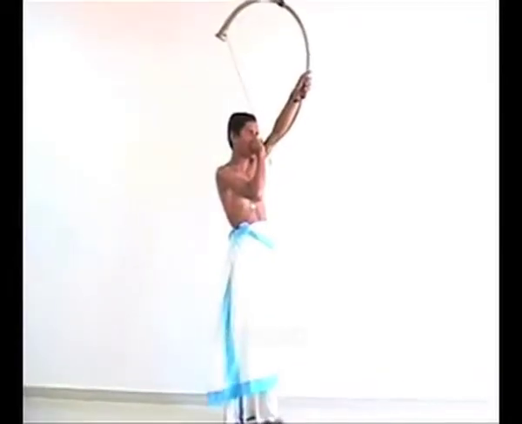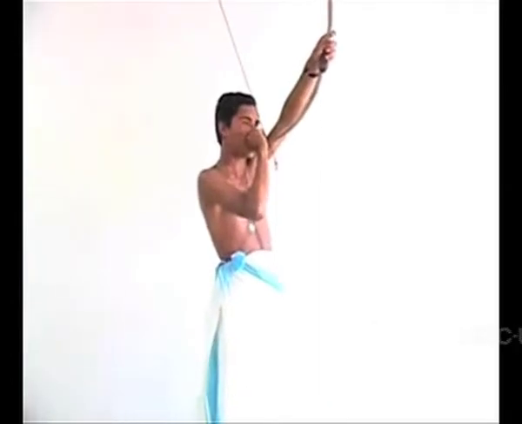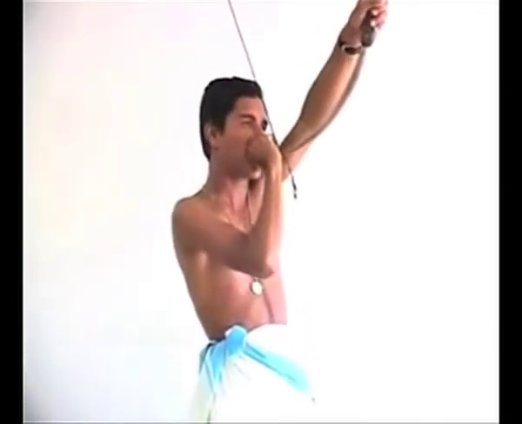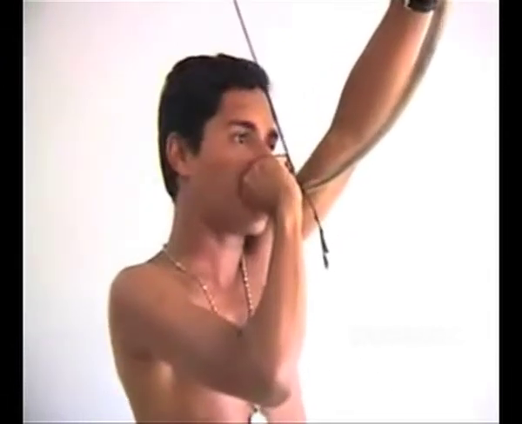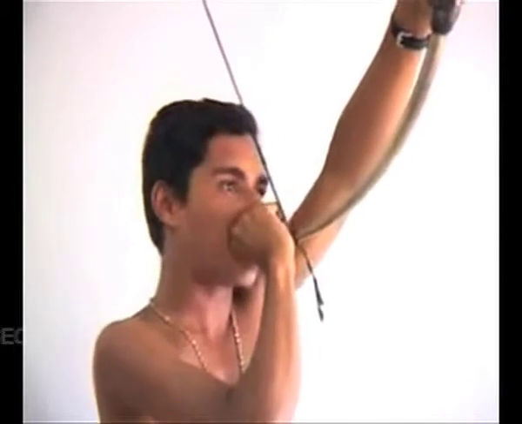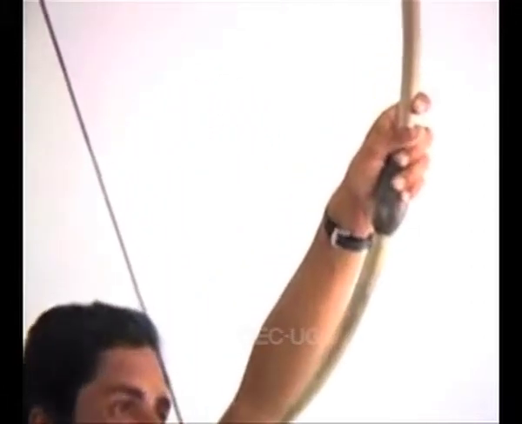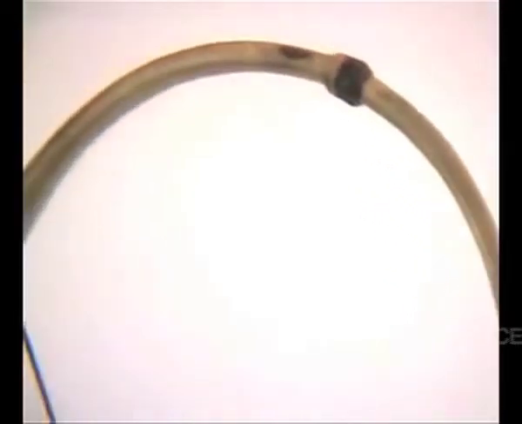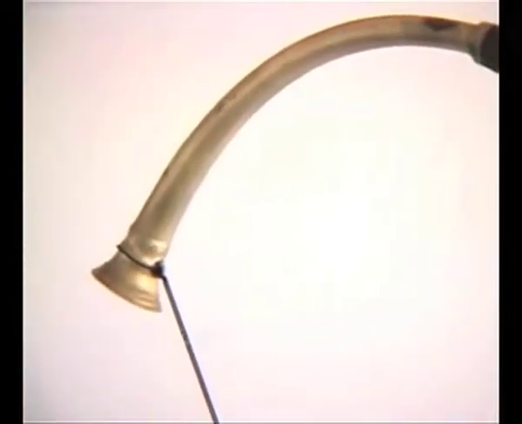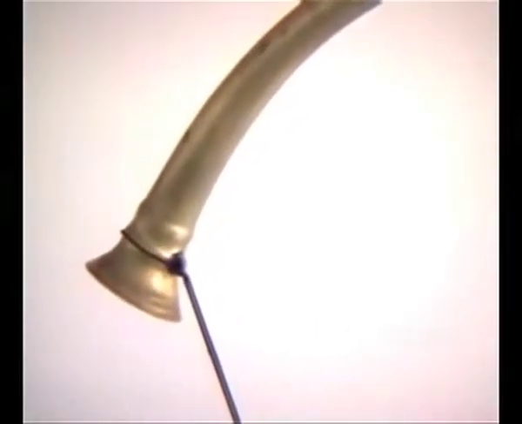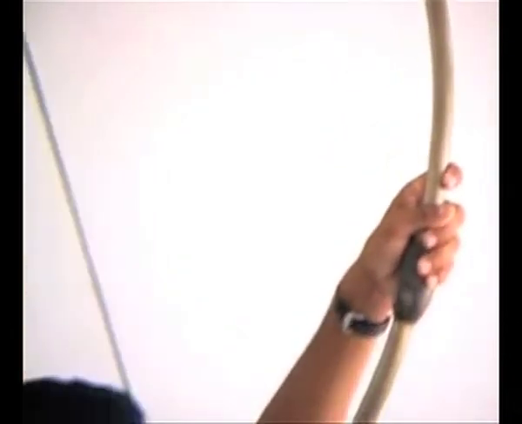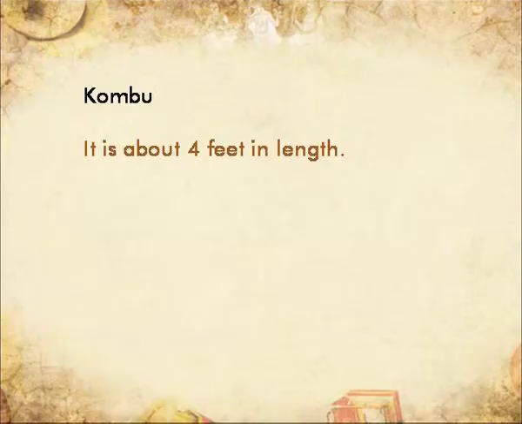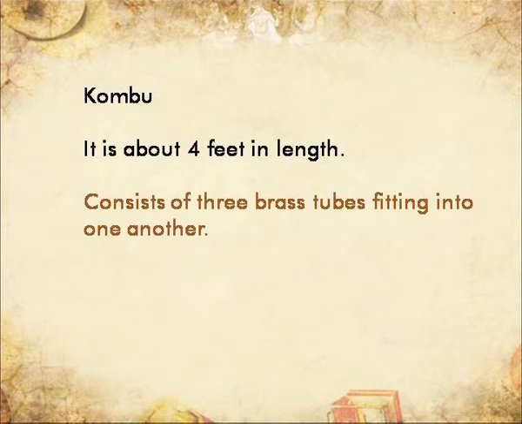Kombu is about 4 feet in length and consists of 3 brass tubes fitting into one another.